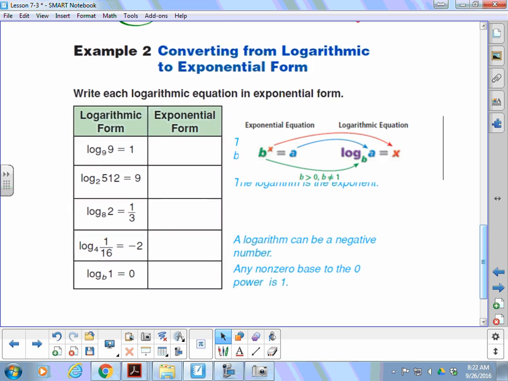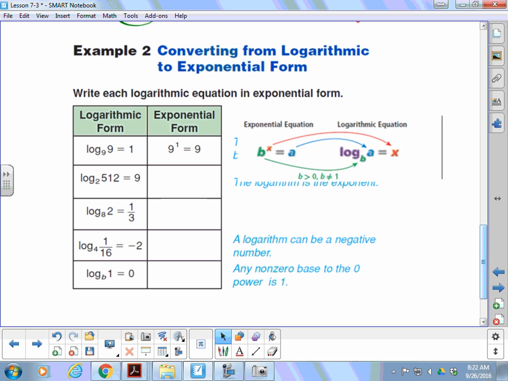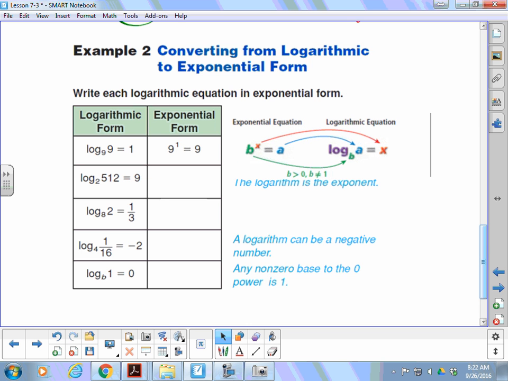So, there it is, 9 to the first power equals 9. So this one we'd say 2 to the 9th power equals 512.